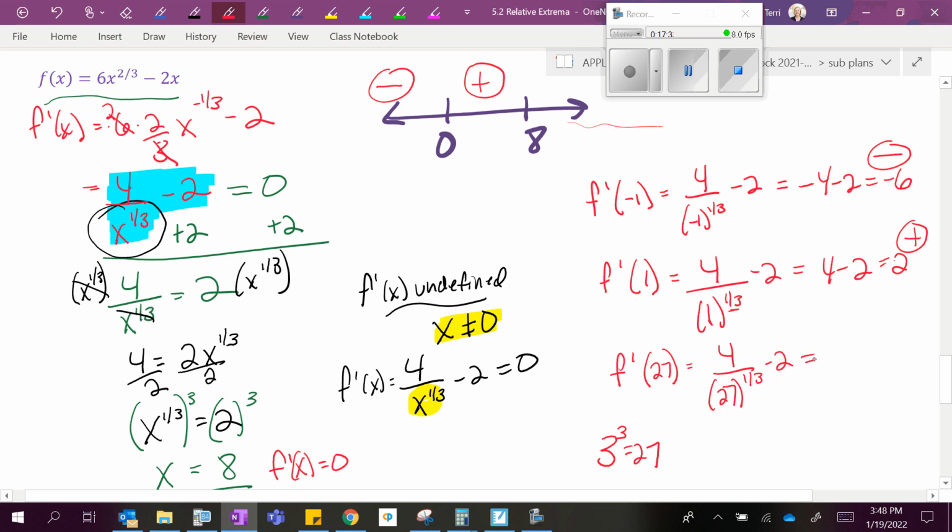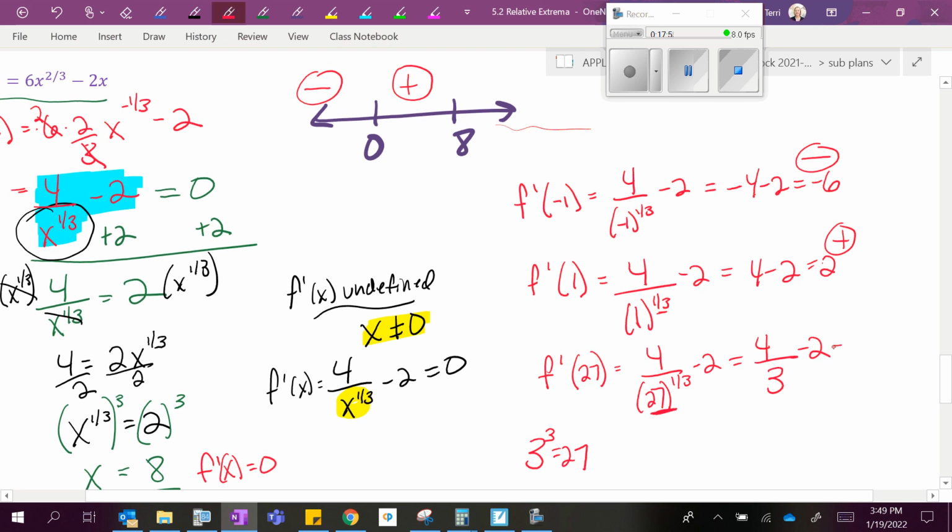If it's positive or negative, that means the whole interval is positive or negative. So I just chose a number that would make it easy to simplify. If you had chosen 9 or 10 or something like that, you could use your calculator. But I chose 27 so I could do it by hand. So I keep my 4. The cube root of 27 is 3, minus 2. So 4/3 minus 2 is going to give me a negative number. So I'm decreasing.